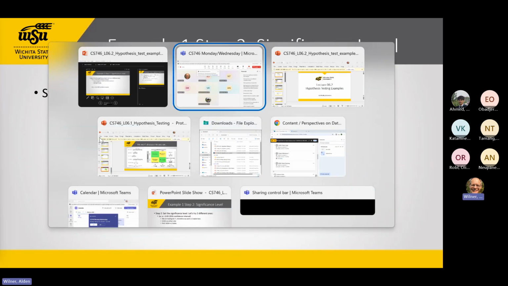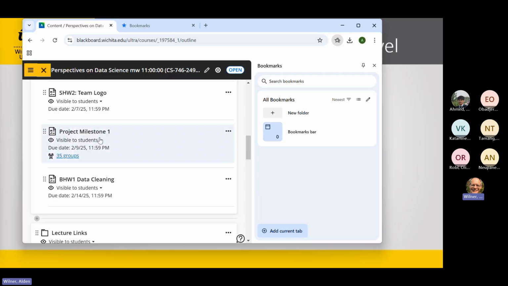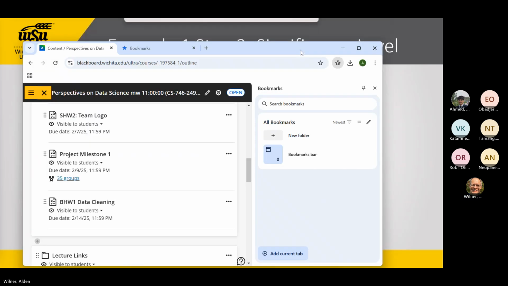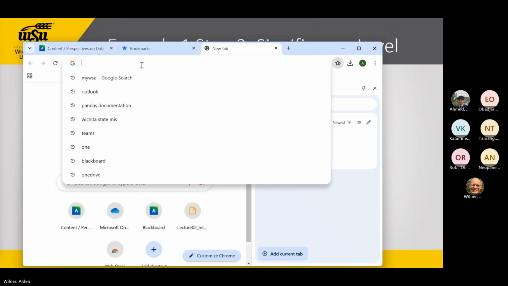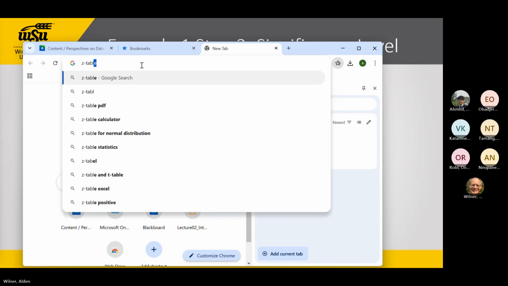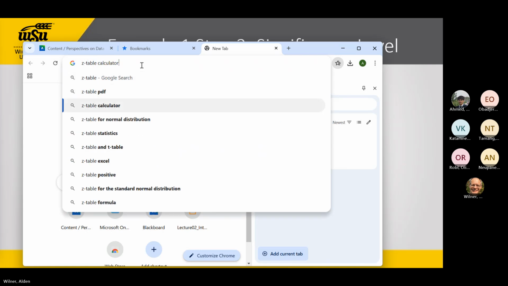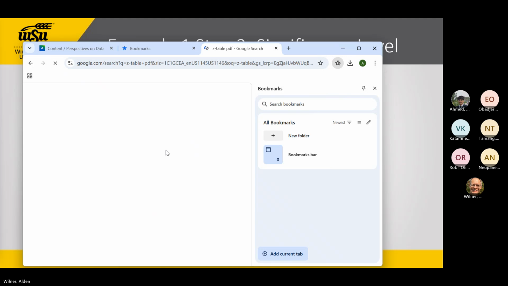Okay, and so we go out to the web, and we get that out of the way. By the way, it's easy to find these things. Well, maybe it's easy.